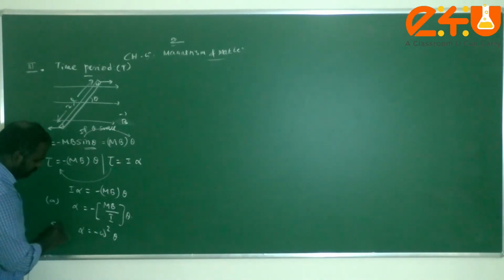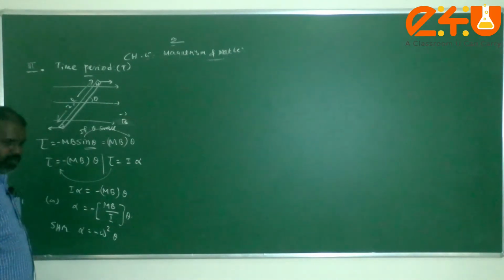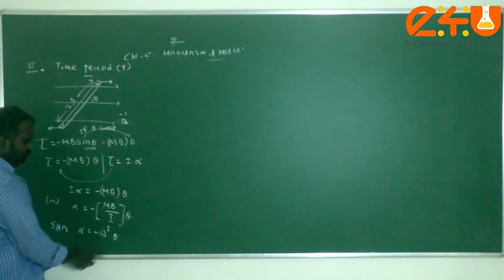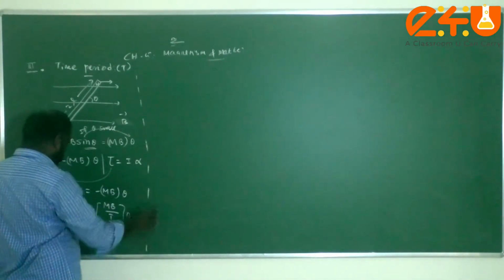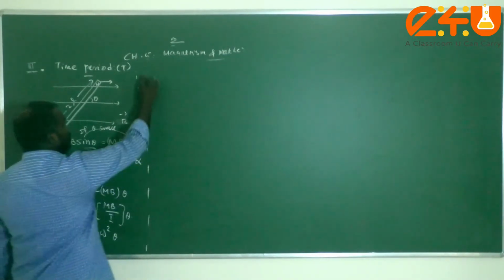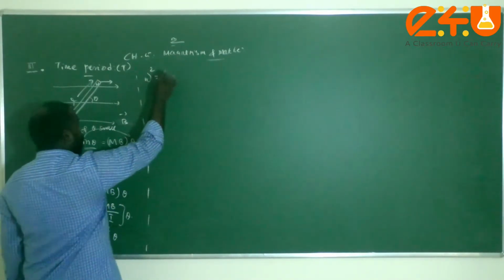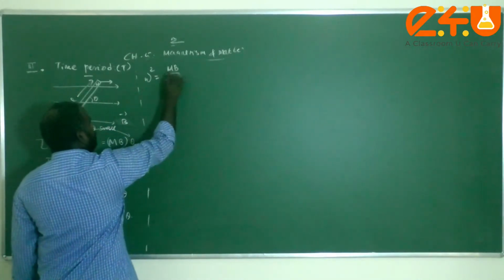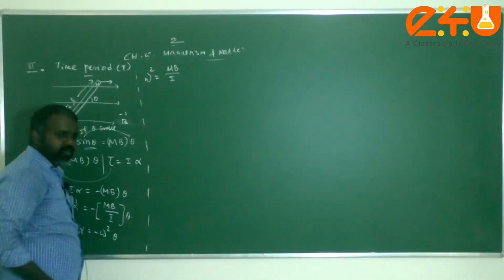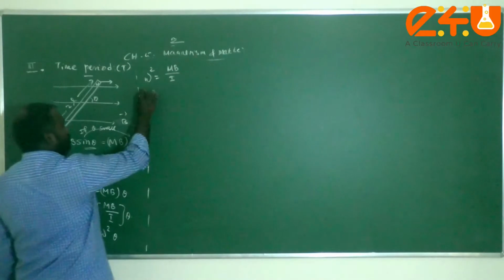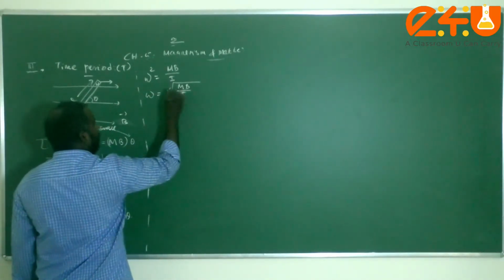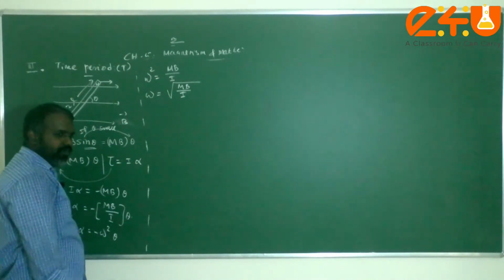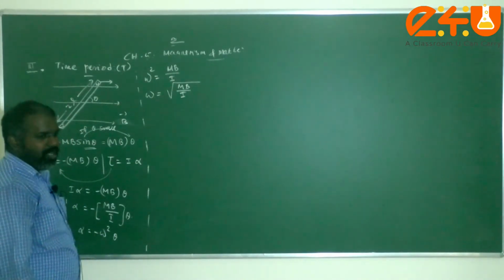Comparing the expressions, in place of omega square we get MB divided by I, where I is the moment of inertia. Or we can say omega is equal to root over MB divided by I, where capital M is the magnetic dipole moment, or simply the magnetic moment.